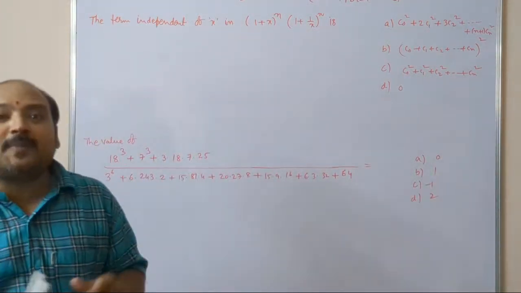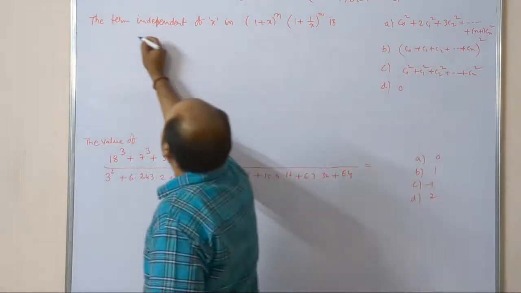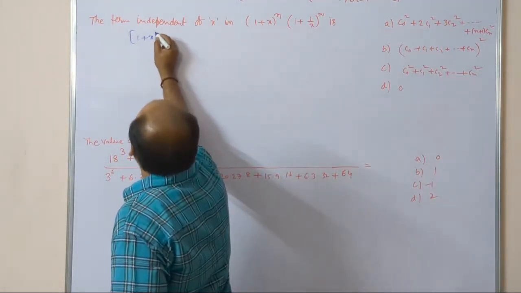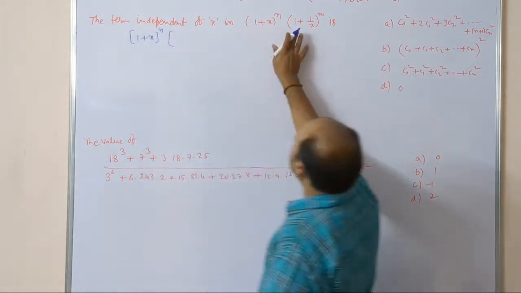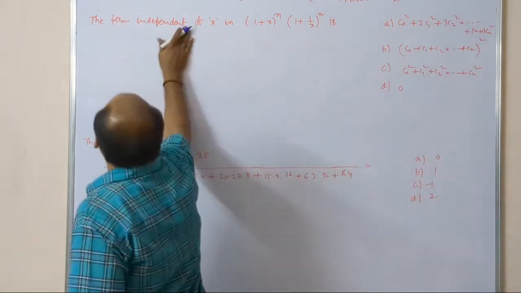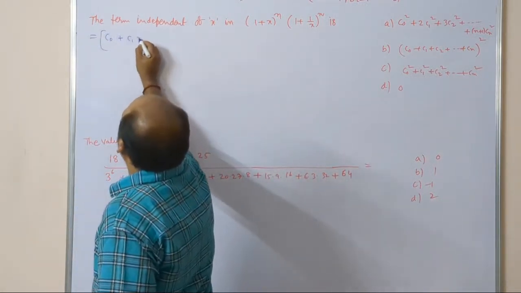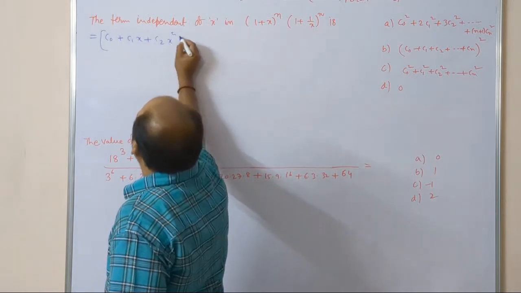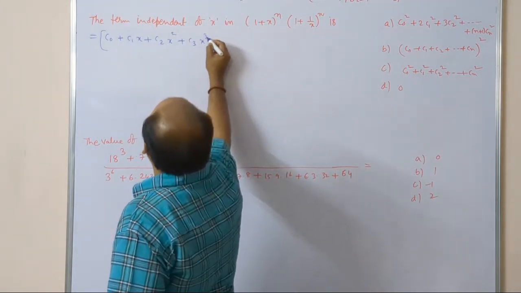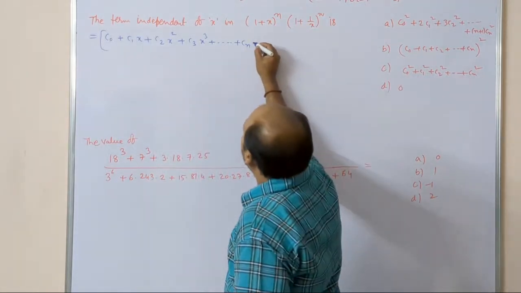The term independent of the expansion. First expansion will do it. (1 + x) whole power n, you do directly: c0 + c1x + c2x² + c3x³ + and so on, last x power n, cn x power n.